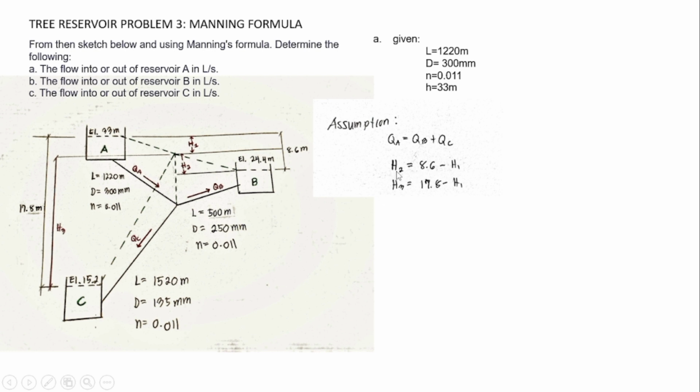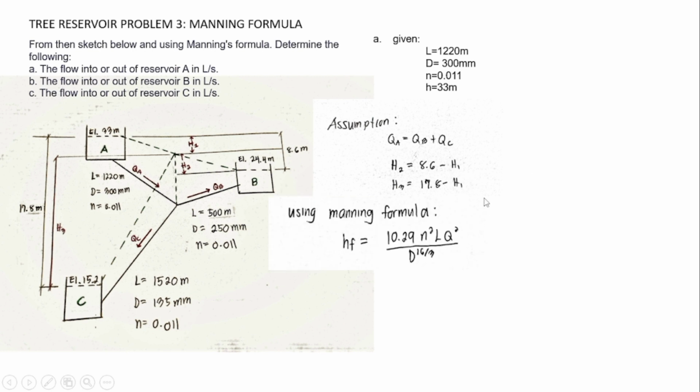And our head loss 2, which is here, is equal to 8.6 minus H1. So we are going to find the head loss 2 and head loss 3 in terms of H1.